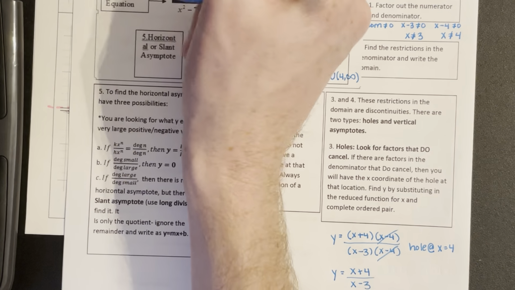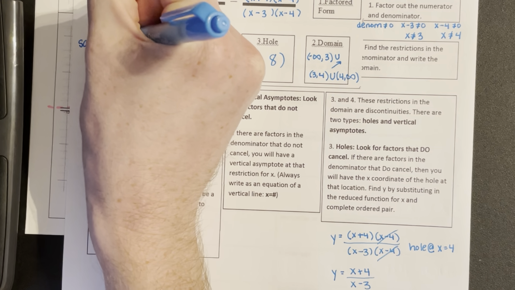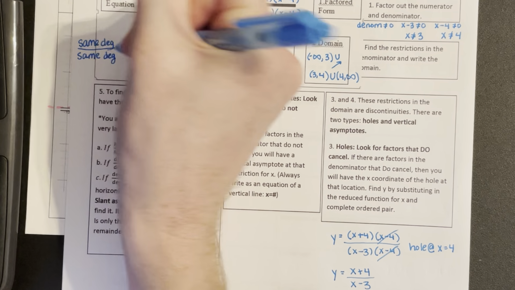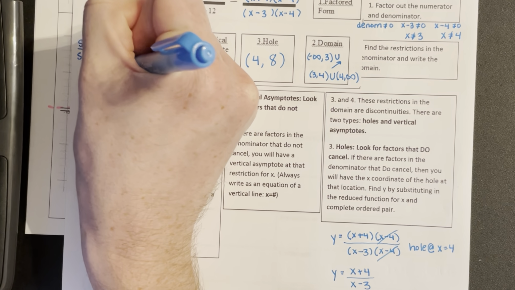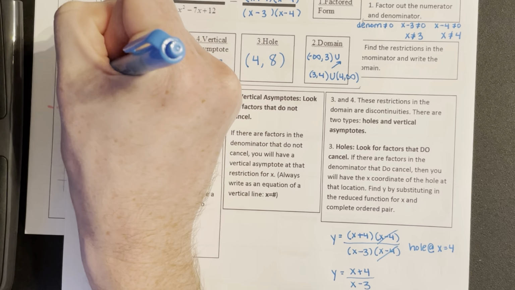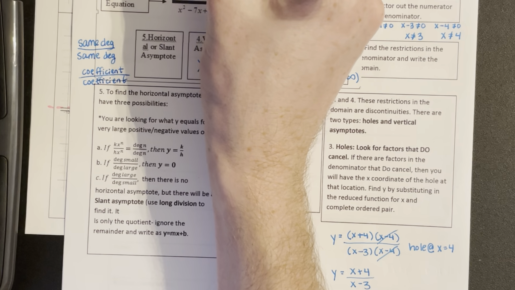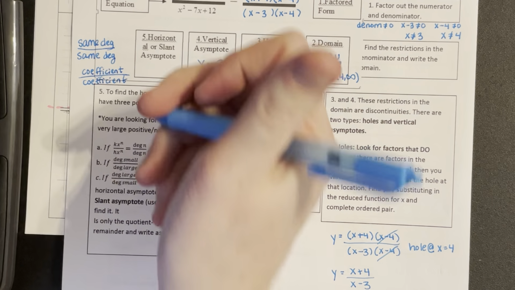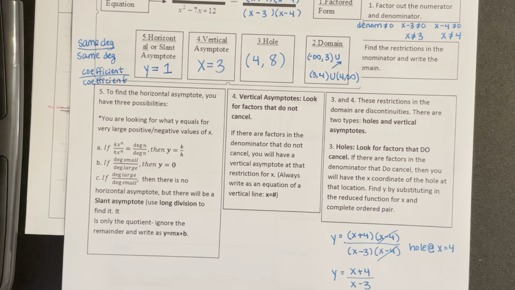In this one, it was the same degree over the same degree because it's degree 2. So I do the coefficient over the coefficient. In front of the x squared, we have a 1. In front of the bottom x squared, we have a 1 as well. So that's just going to say 1 over 1, which is just 1. There's our horizontal asymptote.